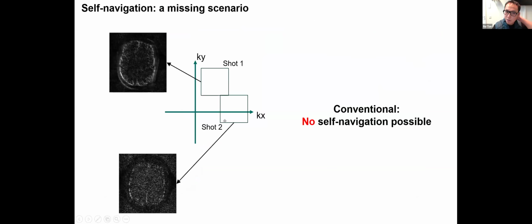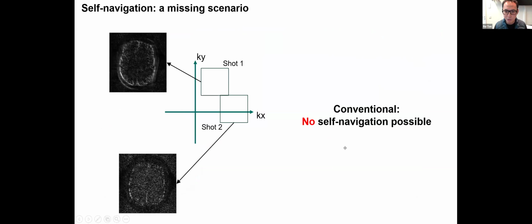So we eventually find that there might be a missing scenario for this basic definition of self-navigation. For example, if you have these two shots here, which sample different portions of K-space, and you want to combine these two images at the end, and these are the image representations corresponding to these high-frequency K-space segments.